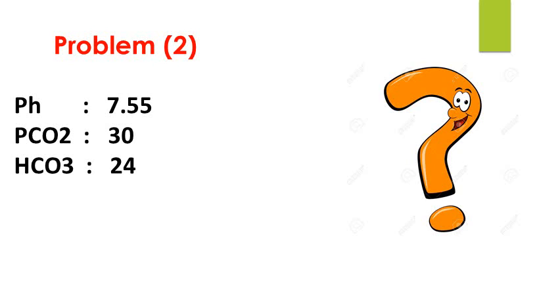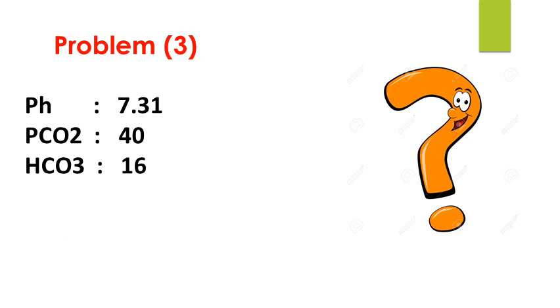Look here, pH 7.55, and this means that it is alkalosis. PCO2 changed. Bicarbonate within normal. This means that it is respiratory alkalosis.